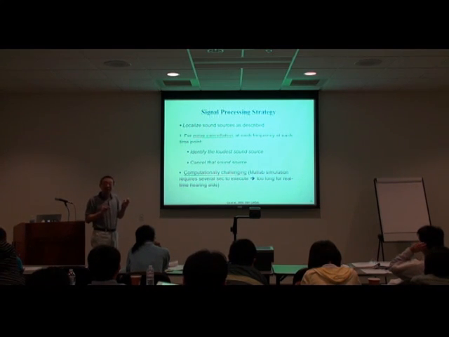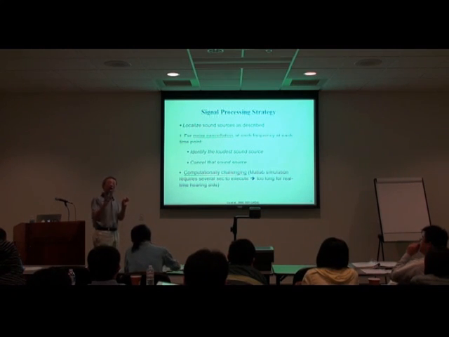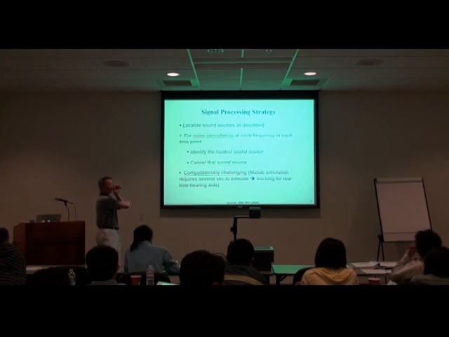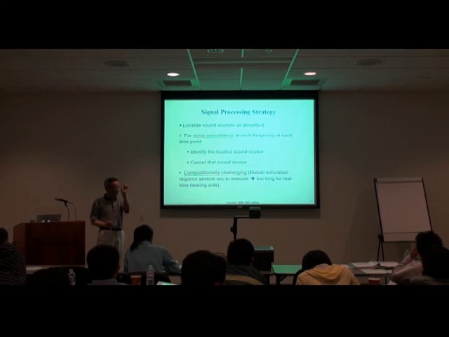At one instant, the one that actually interferes with the signal processing the most, other than the signal at the source, is the louder sound, so we identify it and we cancel that sound source. So at one instant, we may be canceling the source from source A. At the other instant, we cancel source B, source C, and so on. But at all times, we keep the gain at 0.